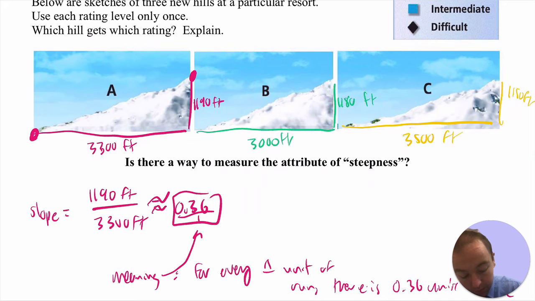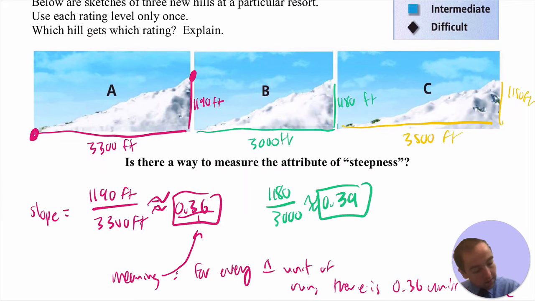We can do a similar thing for these other hills. We take 1,180 and divide that by 3,000, and we get about 0.39. For the last one, we take the rise of 1,150 and divide that by 3,500, and that is approximately 0.32.